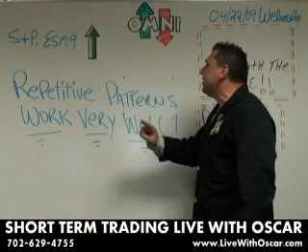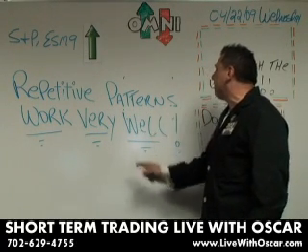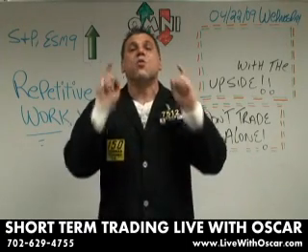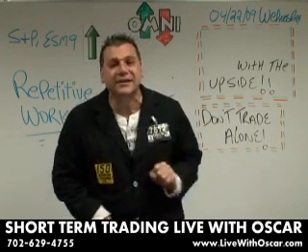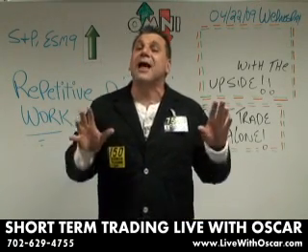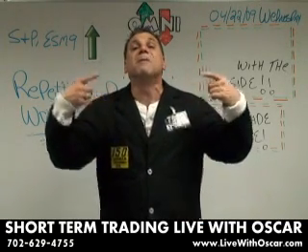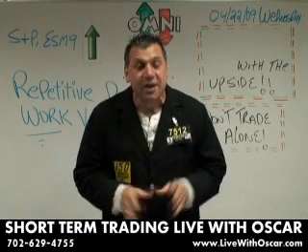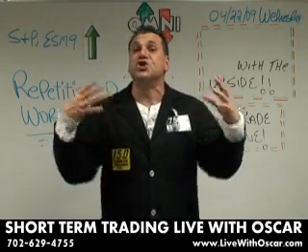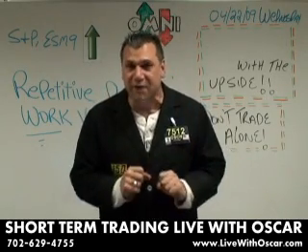Traders, repetitive patterns work very well. When you see something repeating itself over and over on a price chart, the likelihood is that it will repeat itself once again. Until it stops repeating itself, you should use that pattern to trade around.